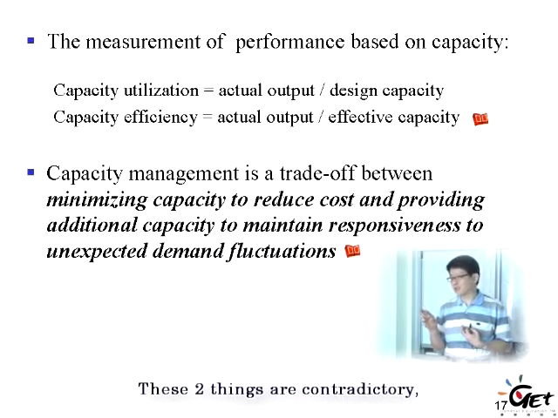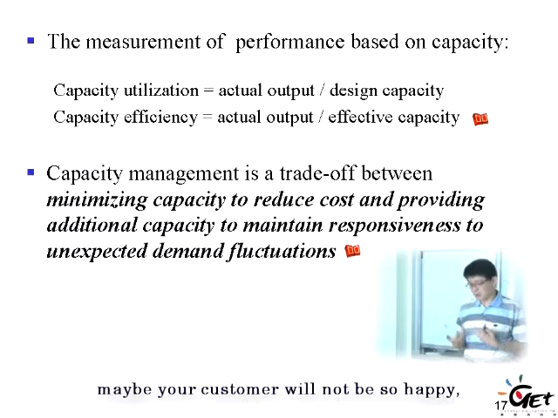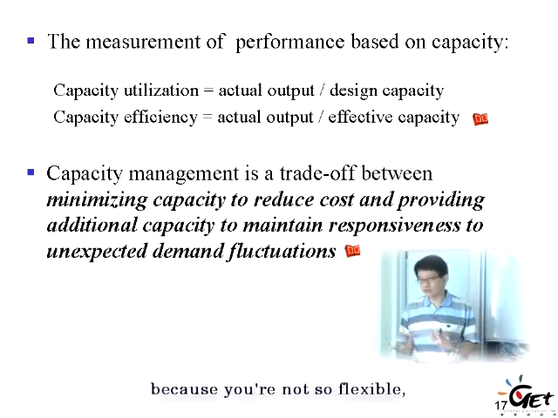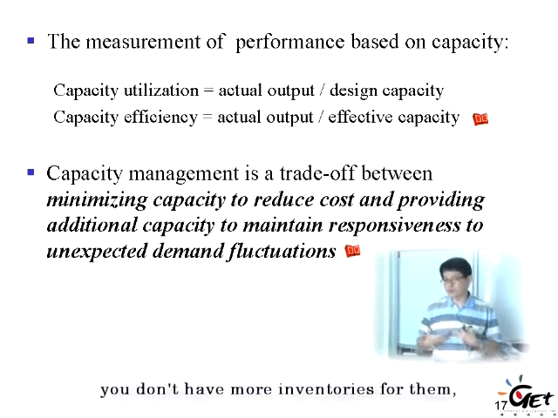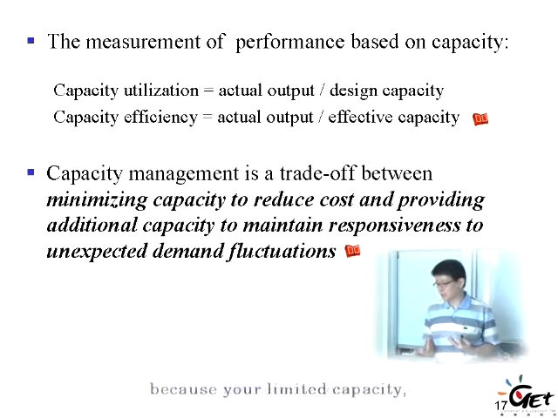These two things are contradictory. If you have less capacity, maybe your customers will not be so happy because you are not so flexible. If they need more, you don't have more inventory for them because of your limited capacity, limited space.